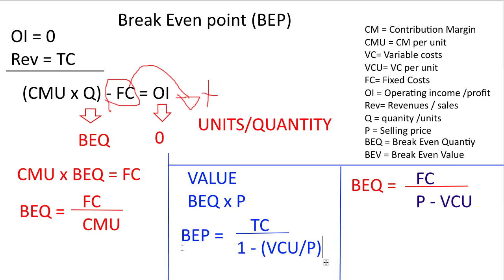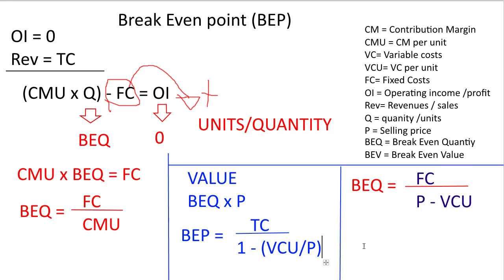So there you have it, folks. In conclusion, a quick review. After rearranging this formula, we found out that your break-even quantity is your fixed cost divided by your contribution margin per unit. In order to make this into value, you times it by the selling price.